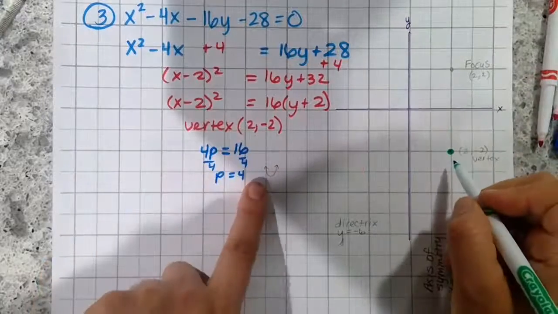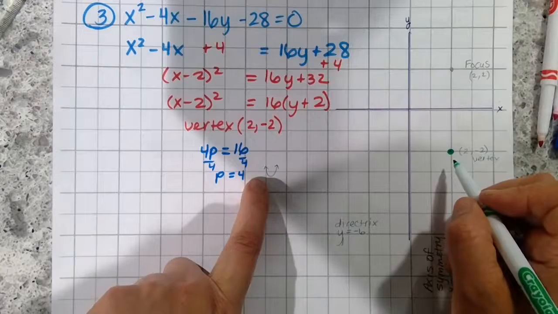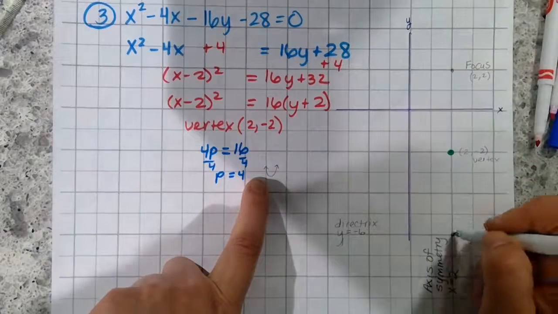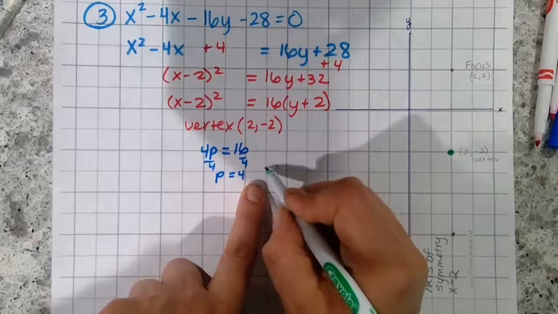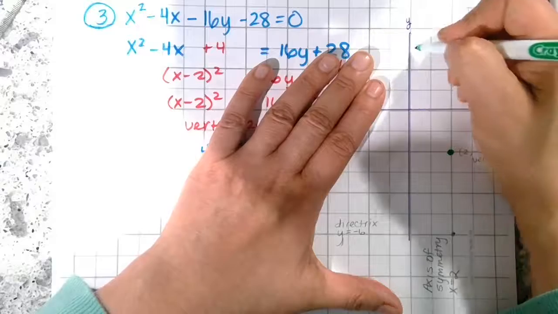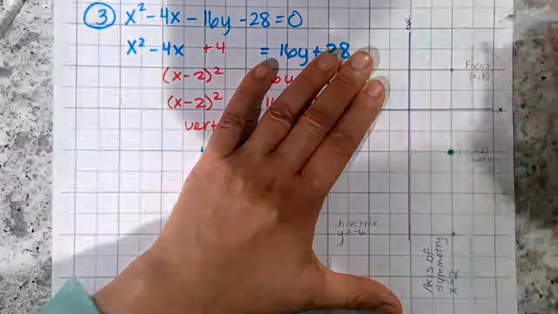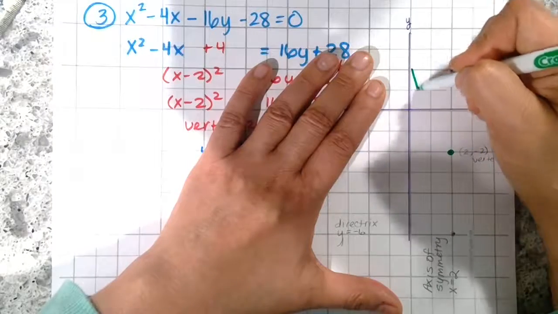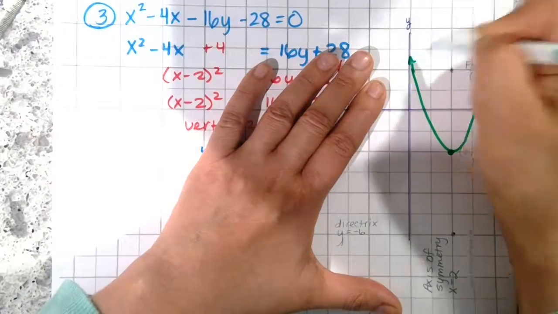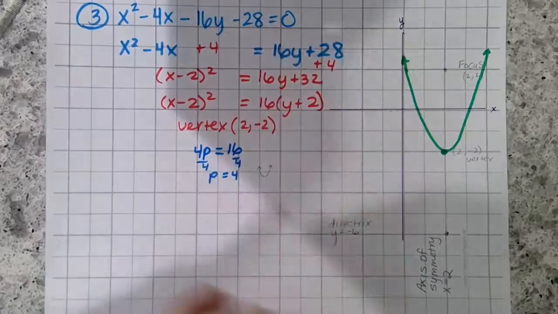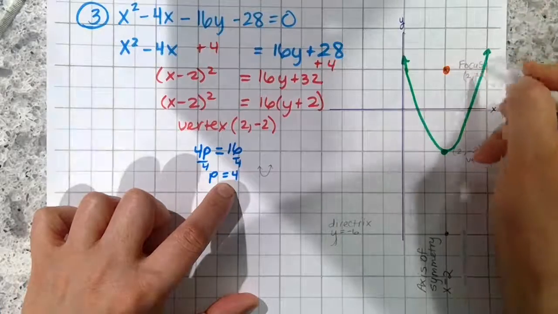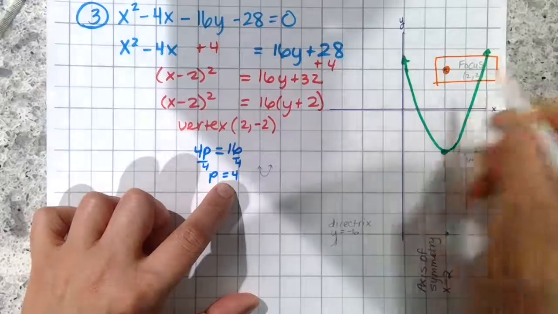Your p-value is 4, so 4 units inside, 4 units outside. It's positive, so you know that your parabola is going to be opening up. Again, I don't know where it's crossing. I'm just going to get the general shape of it. So your focus point is 4 units inside, so that's at 2, 2.